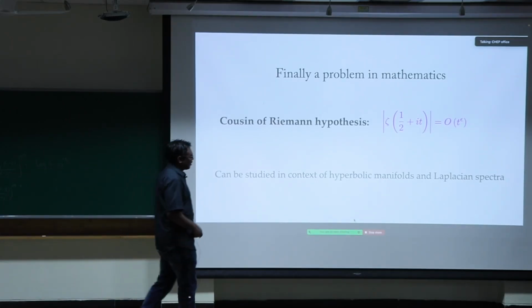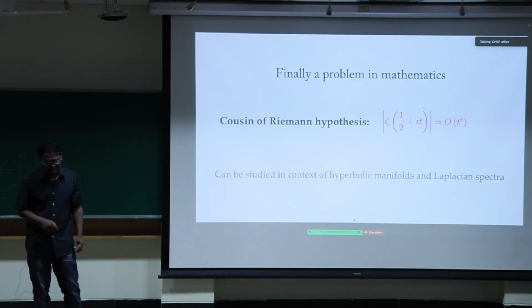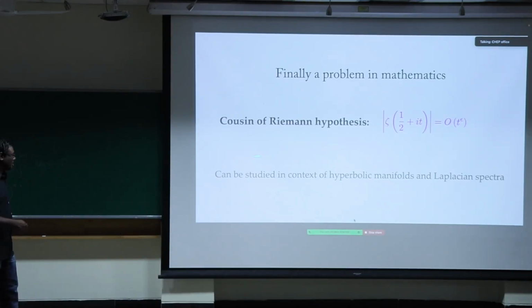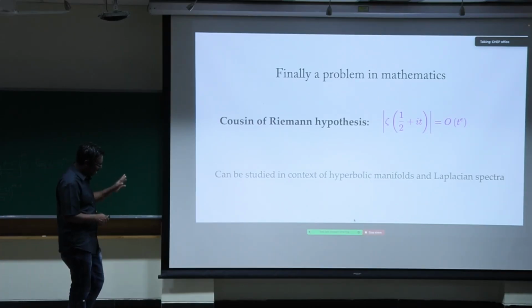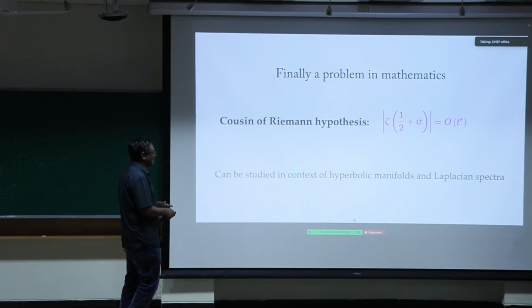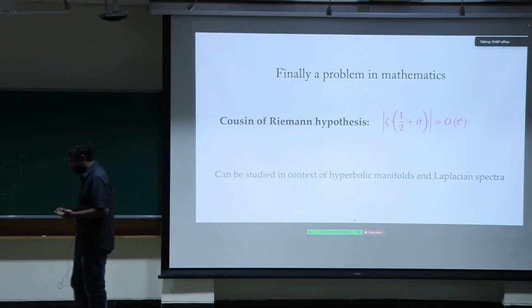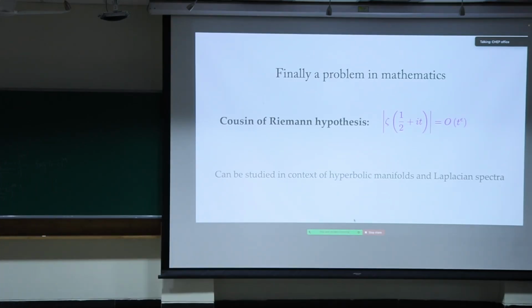It turns out that conformal bootstrap gives you a natural framework to attack this Lindelof hypothesis and make some partial progress. I will not be going into much detail, but this question can be studied in the context of hyperbolic manifolds and the Laplacian spectra, and the conformal bootstrap has something to say about it.